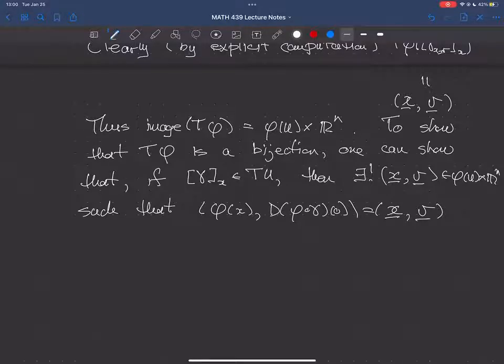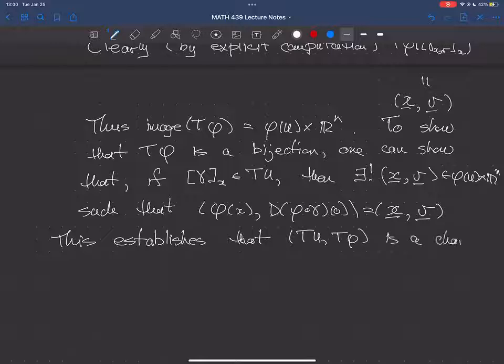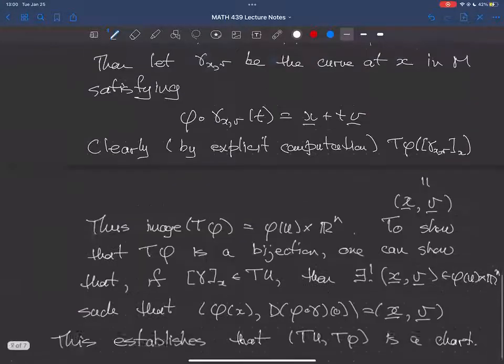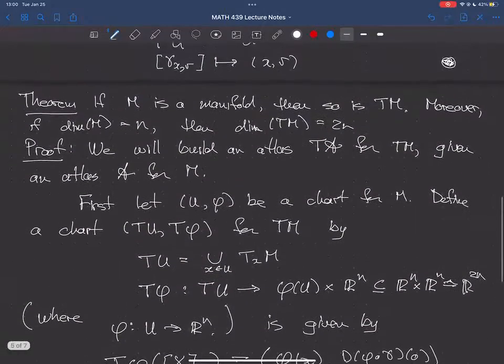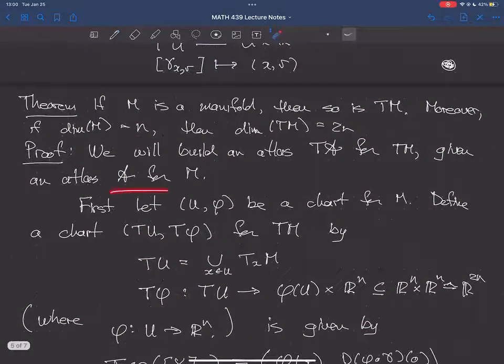All right, so that's part one. So this establishes that T phi is a chart. But remember what I'm trying to do here is show that if you have an atlas for M, then you get an atlas for TM.